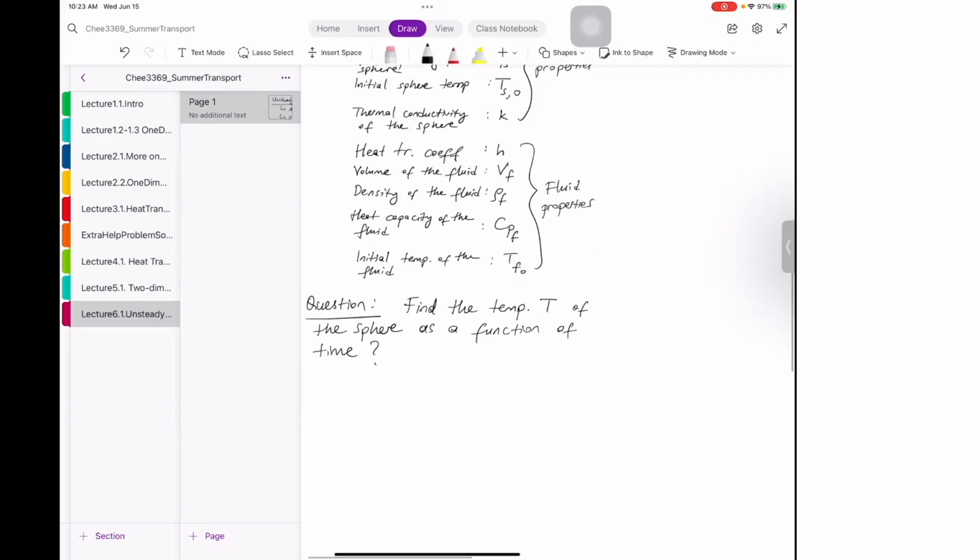And then find the equilibrium temperature T infinity of the sphere.